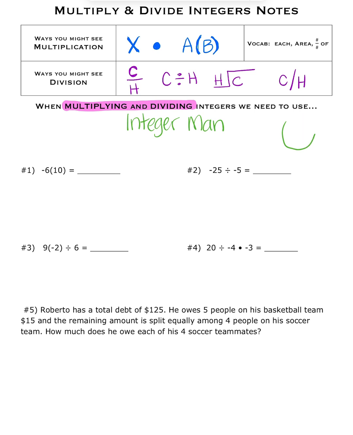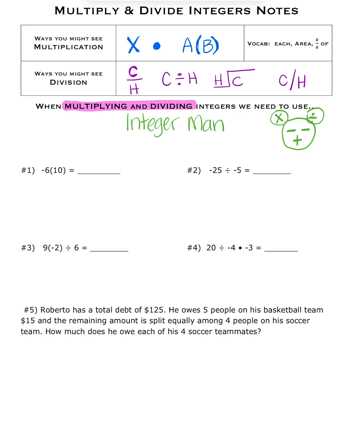Remember, integer man has negative signs for his eyes, and he has a positive sign for his mouth. If you wanted, you could draw his Mickey Mouse ears to remind you that he is only used for dividing and for multiplying. So again, we're going to use integer man anytime we're multiplying and dividing.